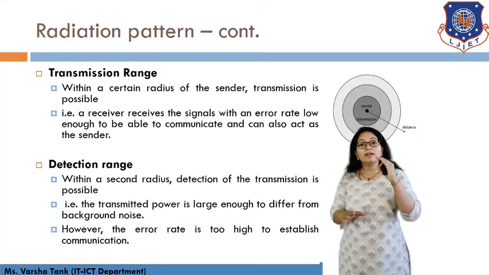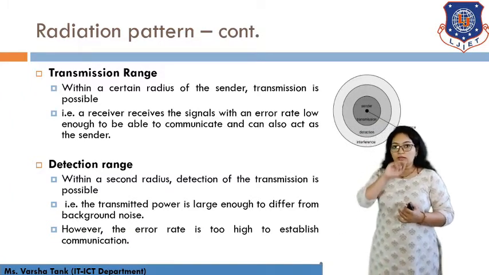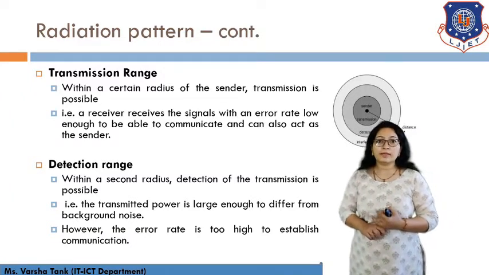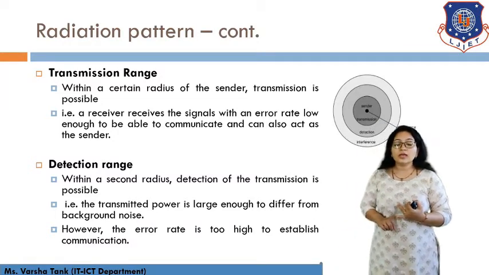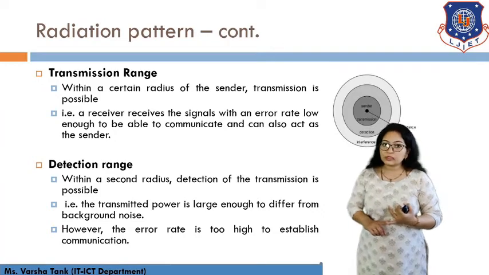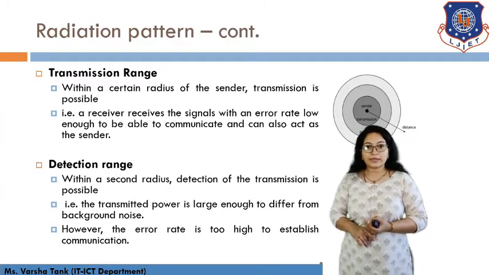That range is known as the transmission range. For example, a receiver receives the signal with an error rate low enough to be able to communicate, and can also act as the sender.